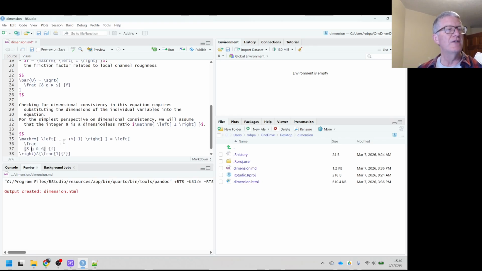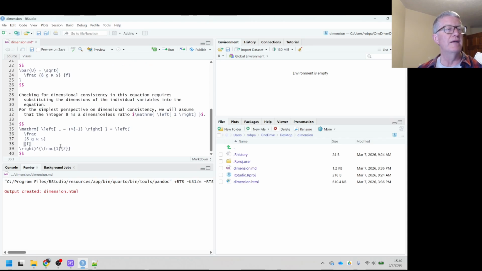One way I can do that, first of all, is to simply separate the numerator and the denominator. And I've separated the numerator and the denominator, but the numerator is still going to be kind of complicated. So I'm going to actually break out the numerator where each variable has its own line.